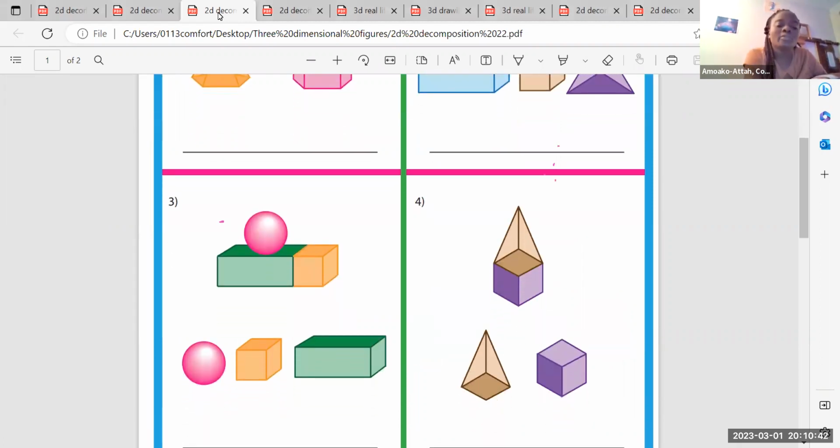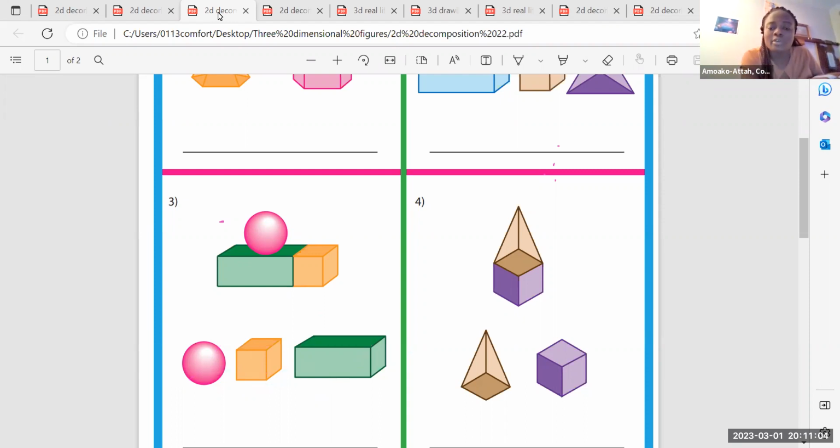Okay, then we have a sphere, a cube, and a cuboid. Either a cuboid or rectangular prism. Okay, because that's the base of the rectangle. Then we come here.